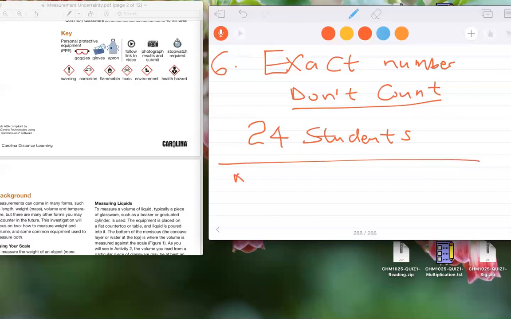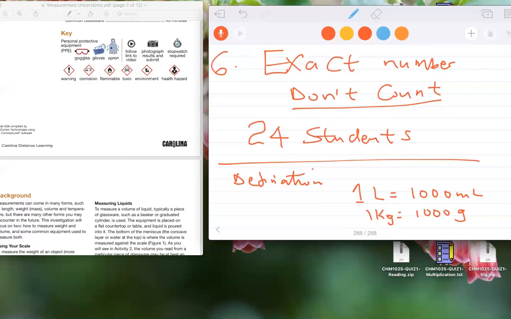Definitions also: we do not subject these to the rules of significant figures. Such as 1 liter equals 1,000 ml, 1 kg equals 1,000 grams. These are definitions, and we do not subject these to the rules we looked at from the previous examples, rule number 1 through 5.